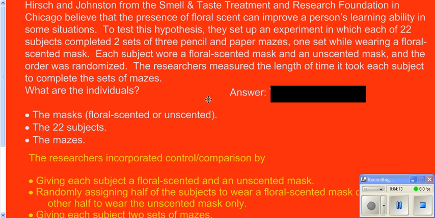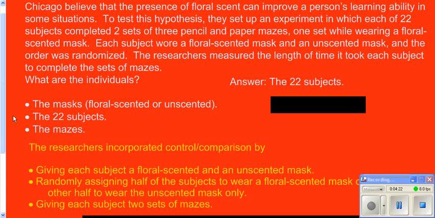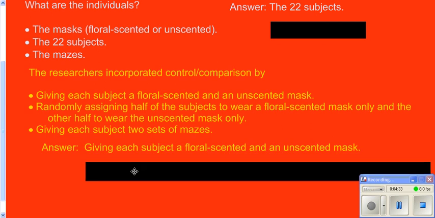As you read through this one here, what are the individuals? Your individuals are the 22 subjects that were involved in your experiment. Same situation, but now we're wondering how did they incorporate control and comparison? Well, they did that by giving each subject a floral scented or unscented mask.